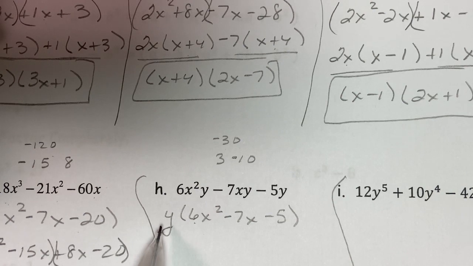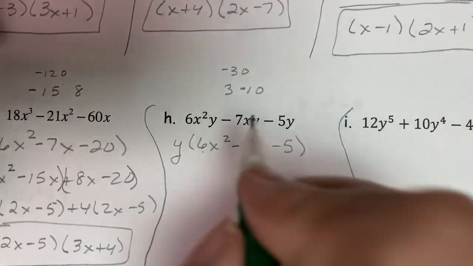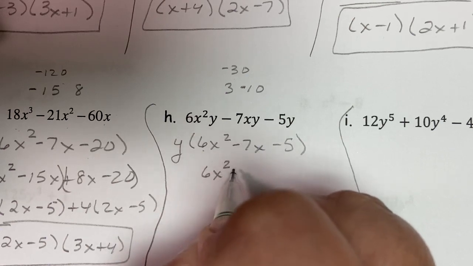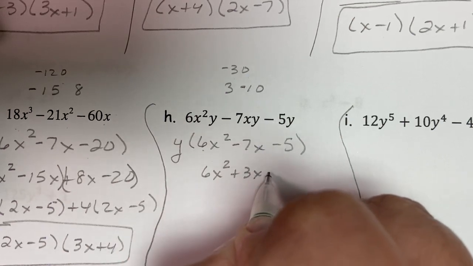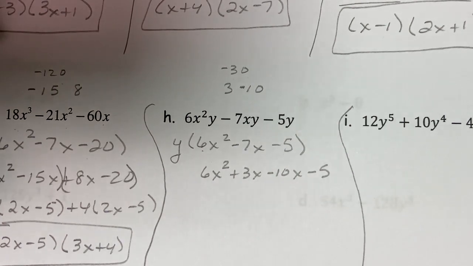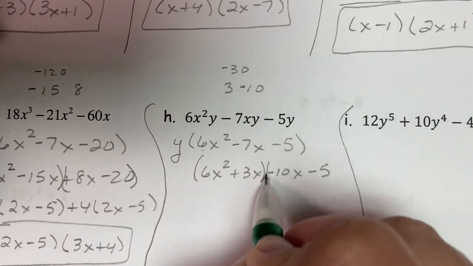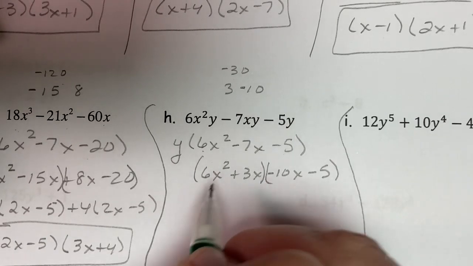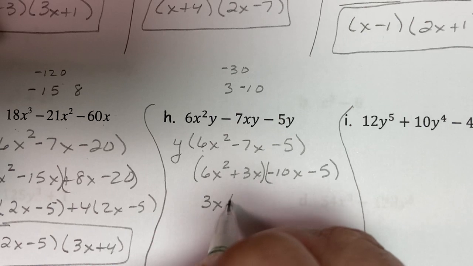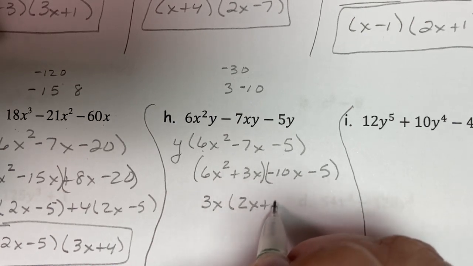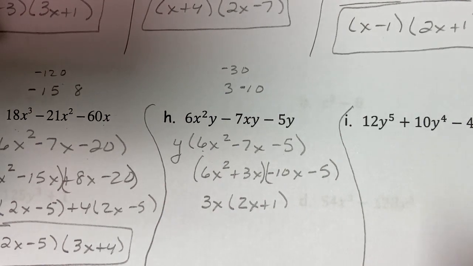So again, I'm going to forget about the y for a minute. I'll come back and get it. So it's going to be 6x squared plus 3x minus 10x minus 5. Group. Factor out a GCF. What is it? It's 3x. When I take that out, you can see I'm going to get 2x plus 1, 3x divided by 3x.